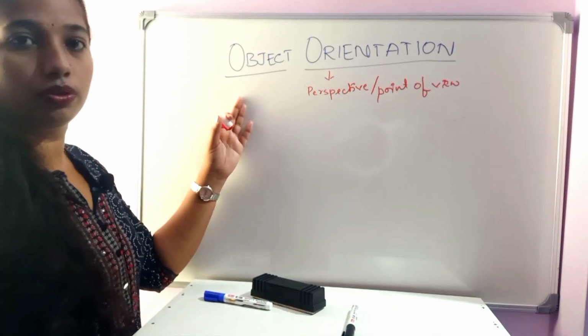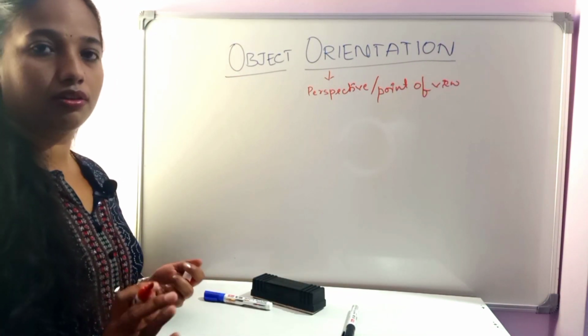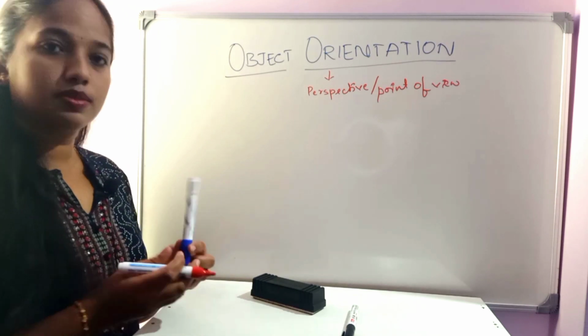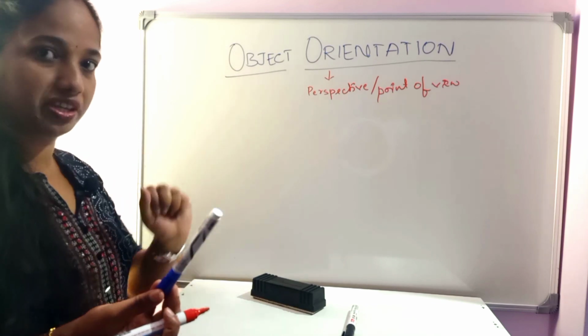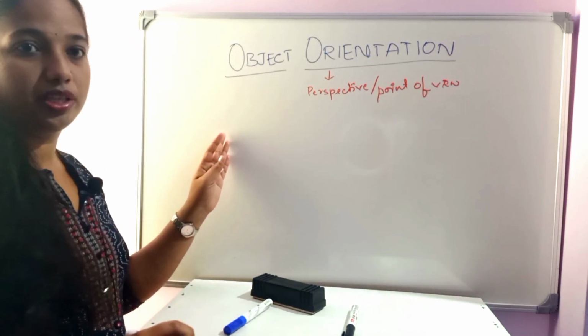Object, it is anything. Like this marker, we can take it as an object. My hand, we can take it as an object. So that is what object means.